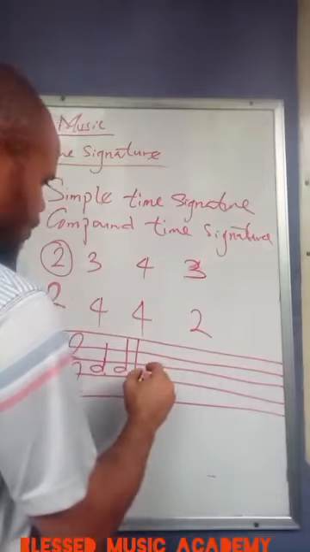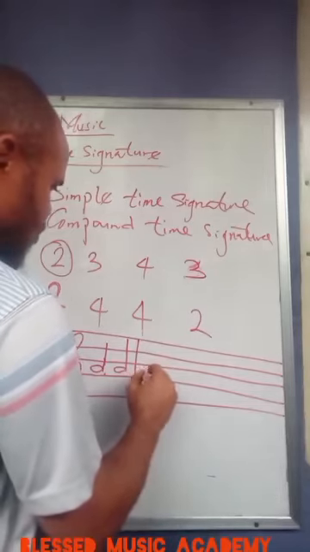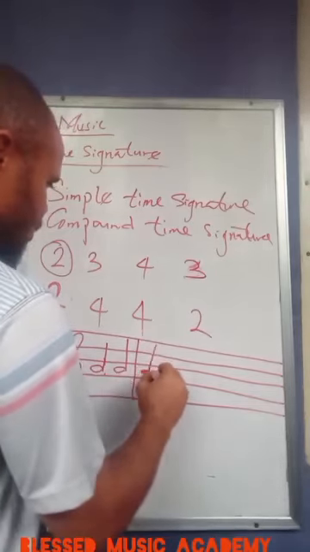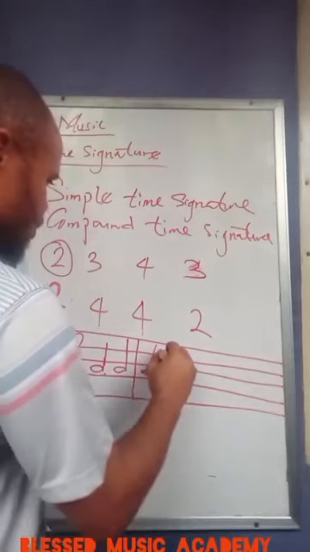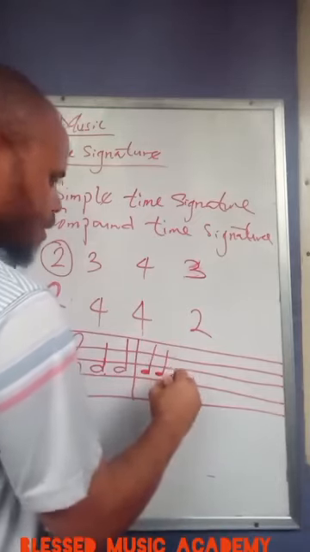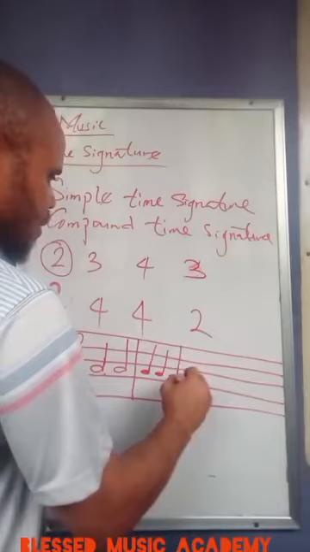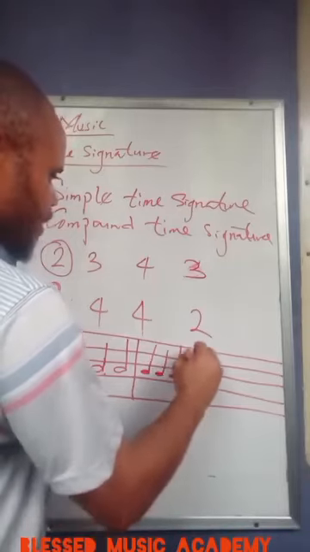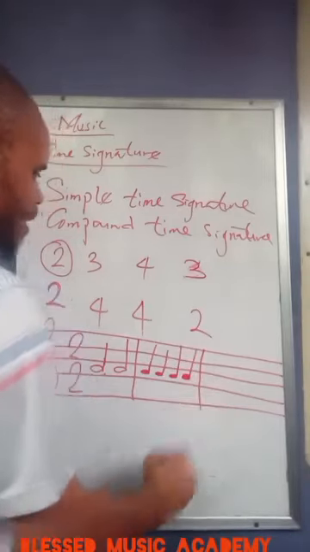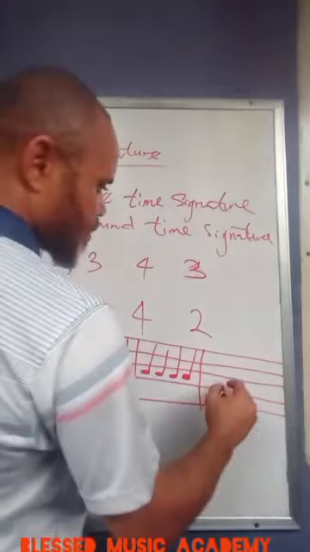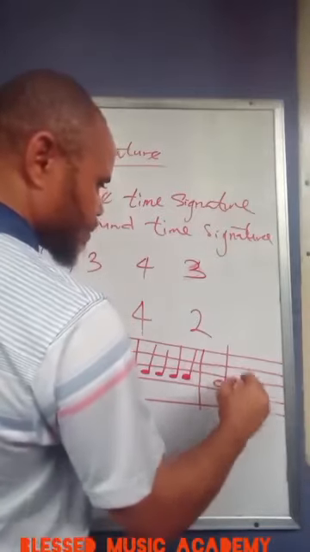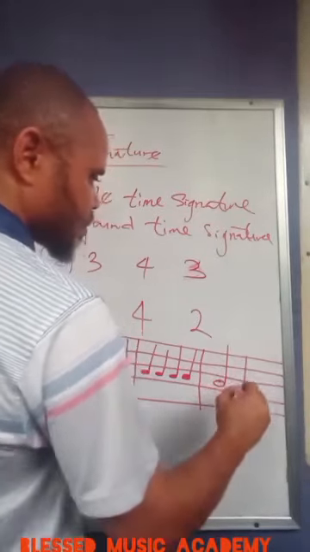If I'm putting crotchets, it must be 4 crotchets, because my minim now becomes 1 beat, and my crotchets become half beat. And then I close my bar. Here I have another minim.